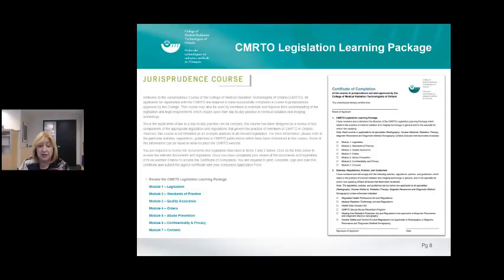So it covers 7 modules: legislation, standards of practice, QA, orders, abuse prevention, confidentiality and privacy, and consent. So you can always go and review this legislation learning package at any point in time.